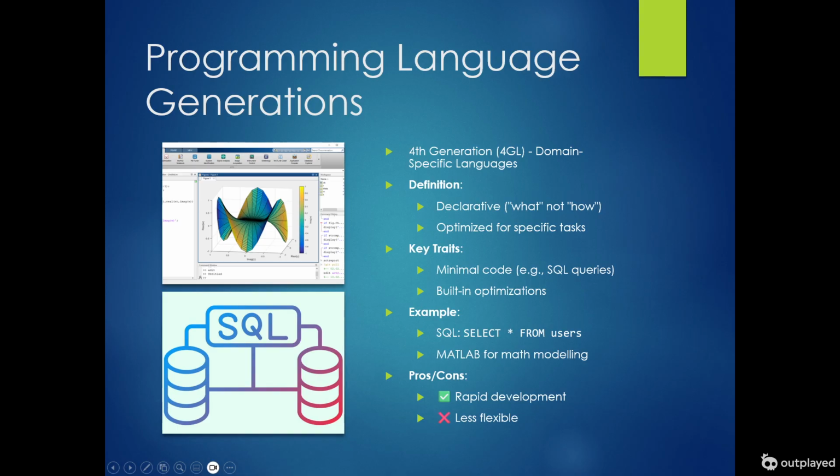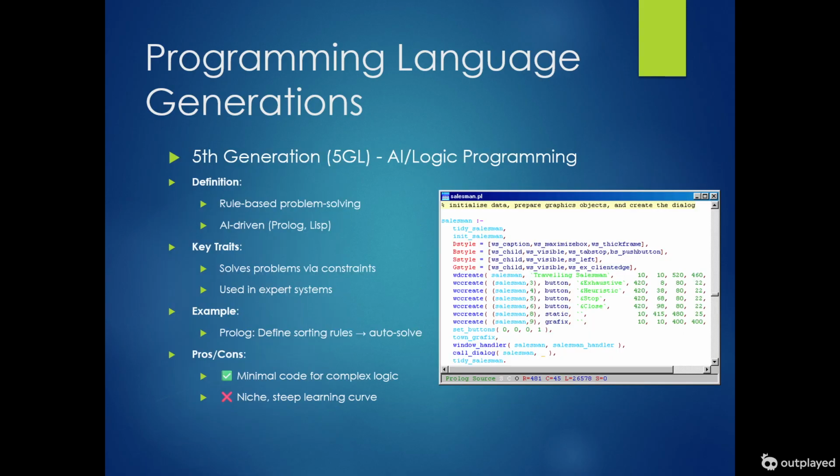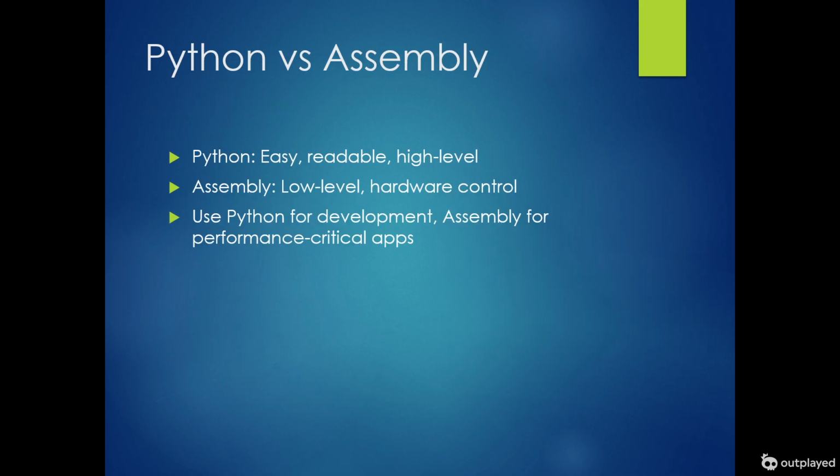And moving on to the last language, which is the fifth generation language, or 5GL. 5GL languages are used in AI and logic programming. They work through rule-based systems and constraint solving, enabling the program to infer solutions automatically. So those are all the generation languages.